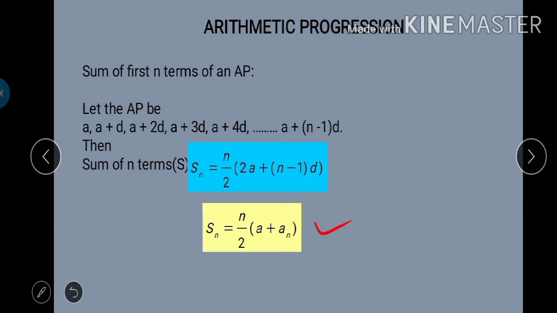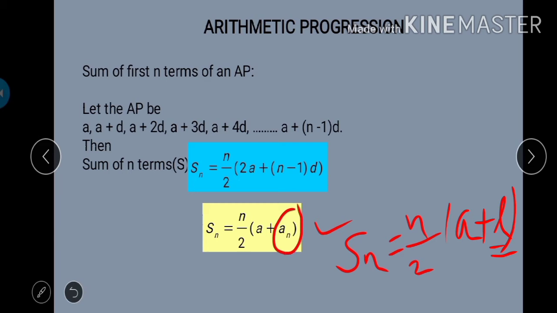Therefore, we have two formulas: Sn equals n upon 2 into (a plus an), and in some books it is also represented as Sn equals n upon 2 into (a plus l), that is, the last term. So whether it is written an or l, both mean the same.